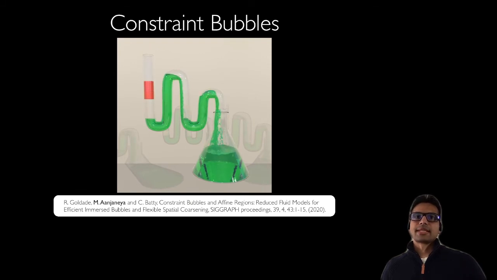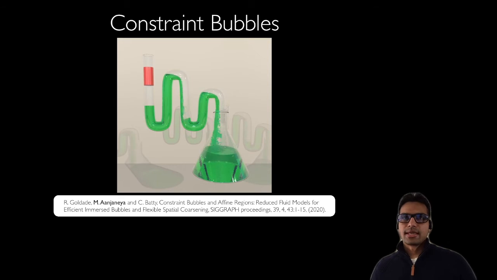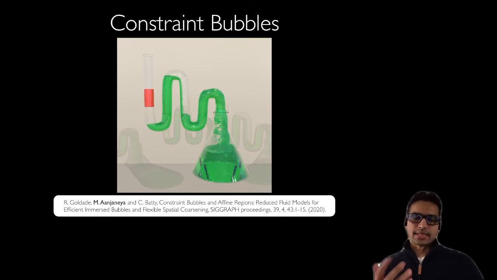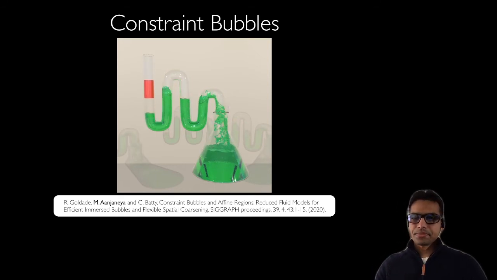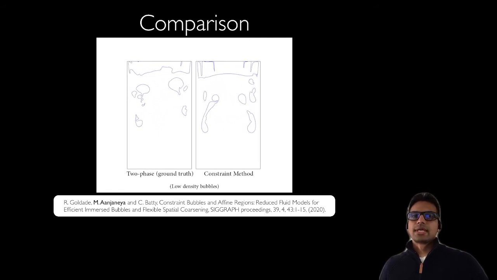So the piston that you see here is actually moving the liquid surface, but it never actually touches the liquid surface. And this is possible through this constraint method. And compared to two-phase flow, this constraint method is also able to get qualitatively similar results for low density bubbles.